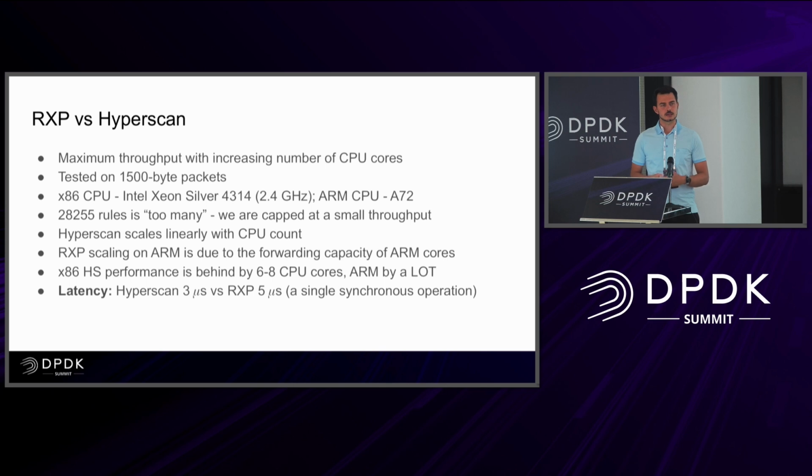Where RXP can gain is because it supports the asynchronous operation. So you just tell the RXP to do its job, and then in the meantime you can do anything else. With Hyperscan you are busy doing the pattern matching, so that's why you can gain some performance with the RXP.